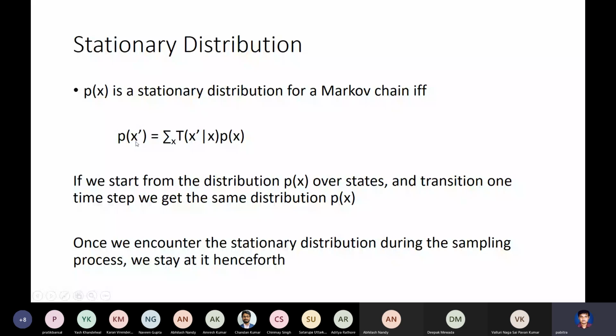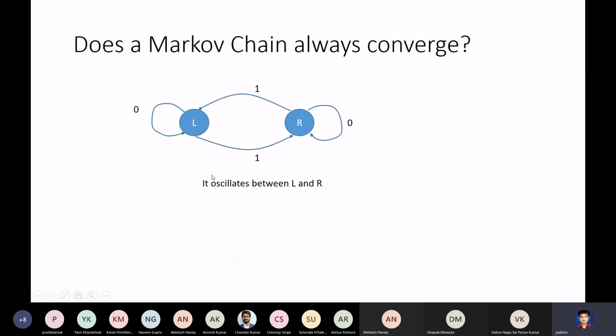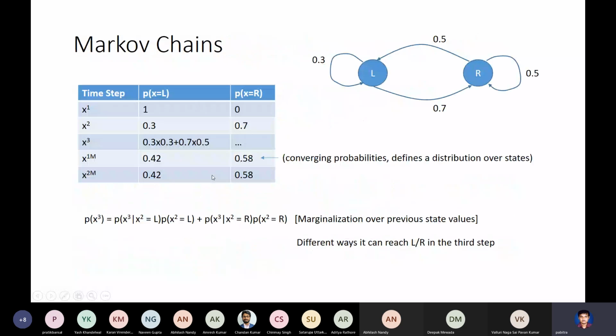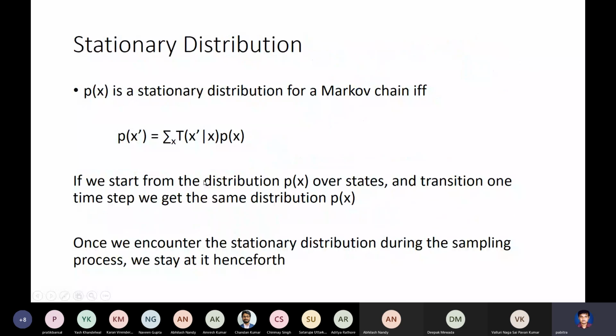So what is the probability you are in state x, and what is the probability you transition from state x to state x prime? You multiply these two. And then take another x, what is the probability? You add up all these things. So this is the total probability you can find in state x prime. If this probability in the previous step is the same as the probability in the next step, from x to x prime, if this probability doesn't change, that's what we have seen has happened here, then we say this particular Px is invariant or stationary.